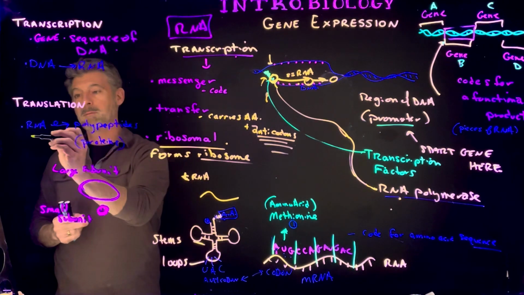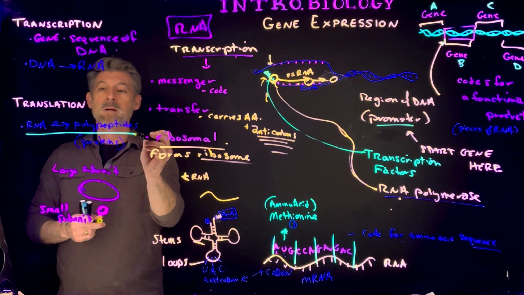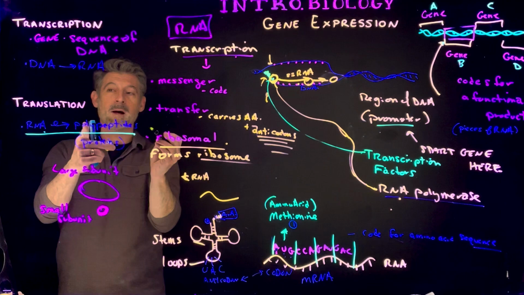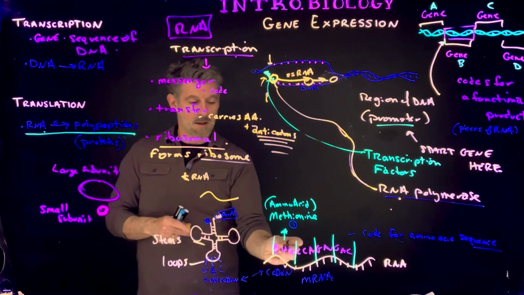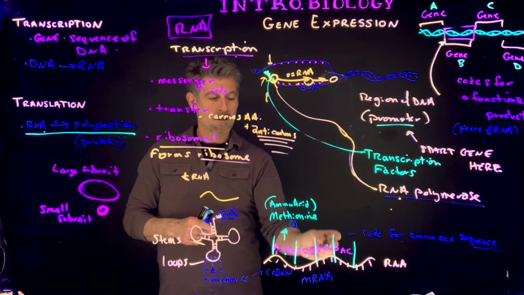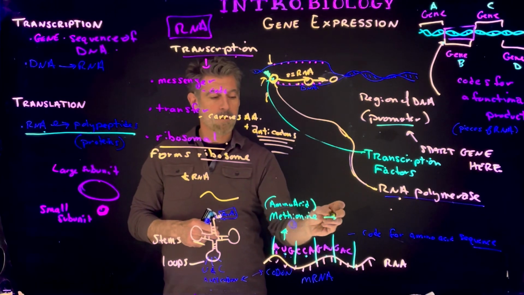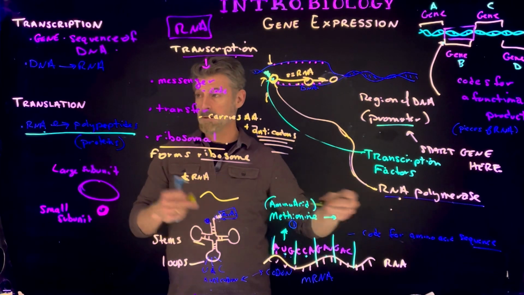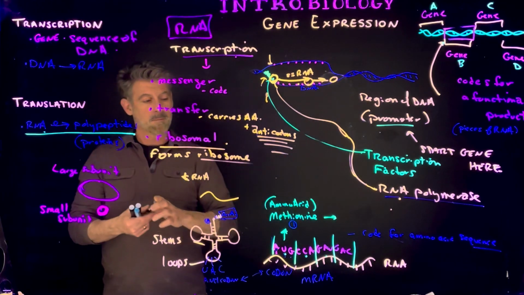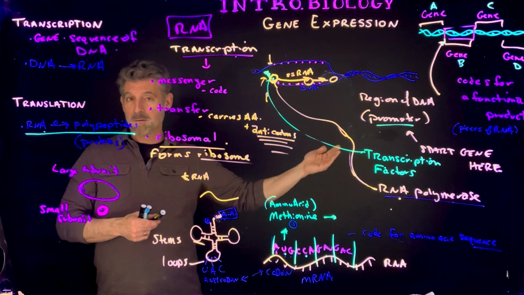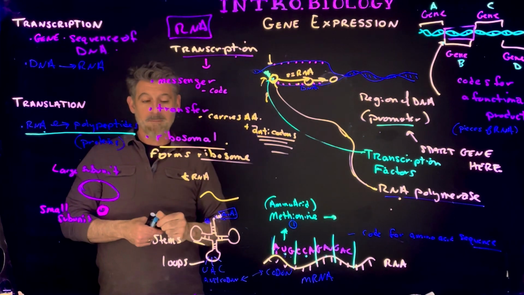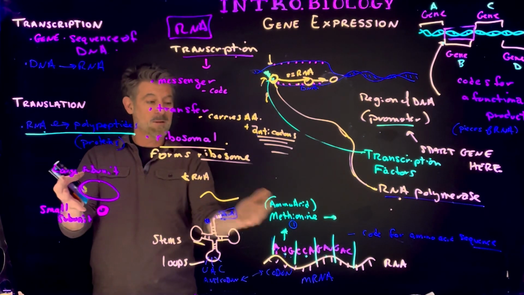So answering the question of how do we go from RNA to polypeptide? We're translating from a language of nucleotides into a language or sequence of amino acids, right? So we're going from one sequence of information to a different sequence of information, translating that. And that's done here with these three elements.